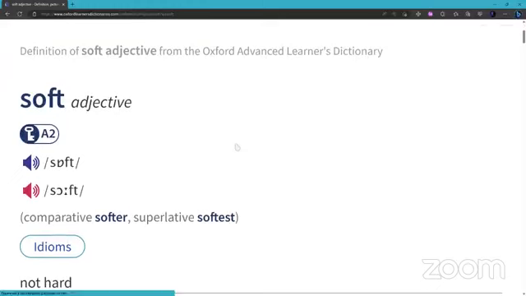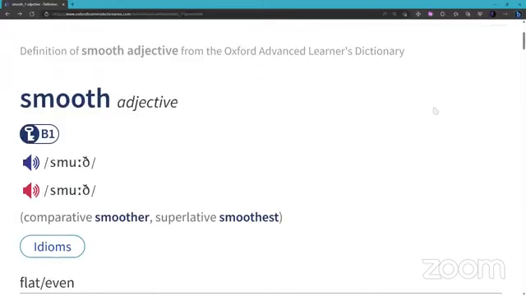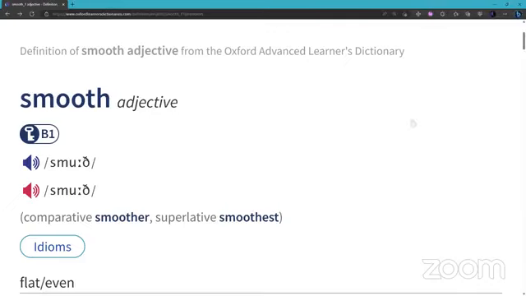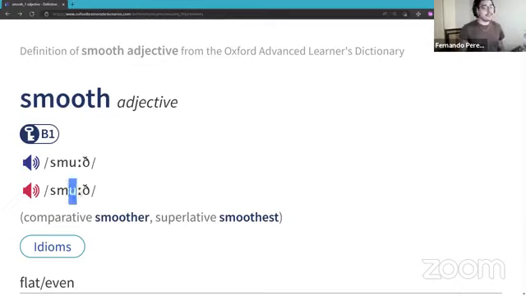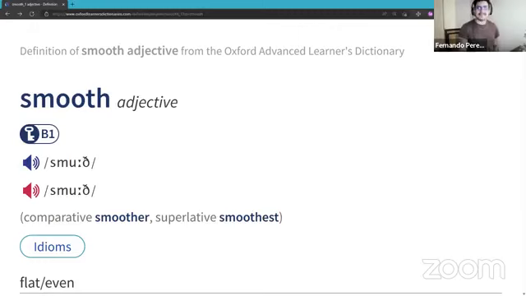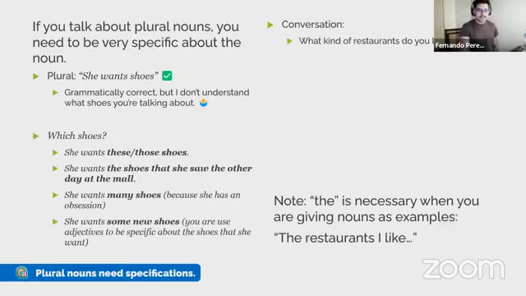Soft and smooth and relaxed. Because I like the smooth music. Pronunciation? Smooth. Exactly. Smooth music. That is correct. So it's super important, everybody, to remember this. Okay? Remember, in this case, Laurita said music. Is music countable or uncountable?